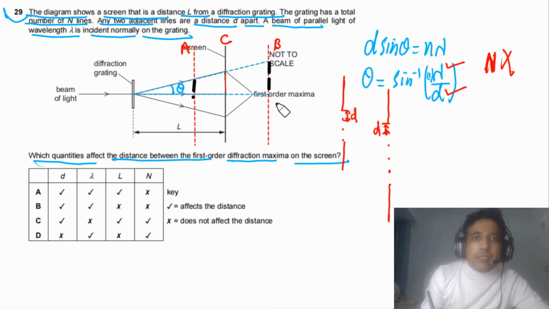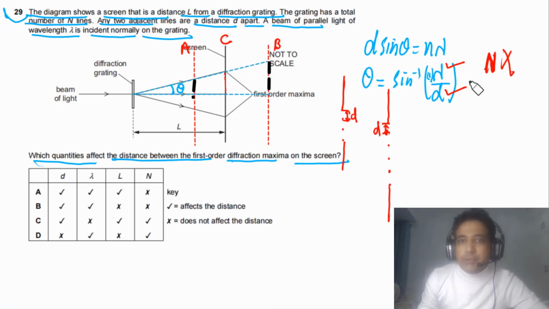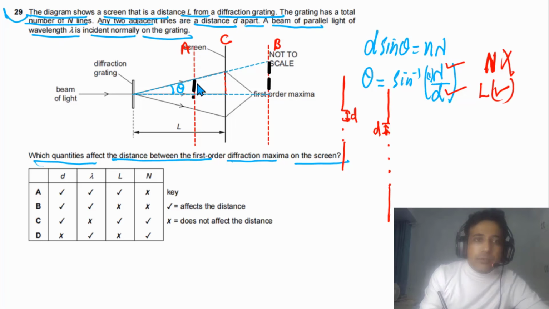So it means that theta, I mean this distance, also depends on L. So the distance between the first order diffraction maxima also depends on L.